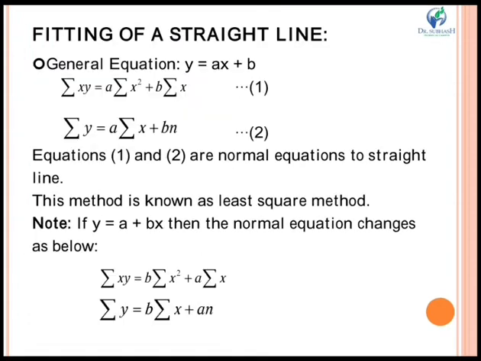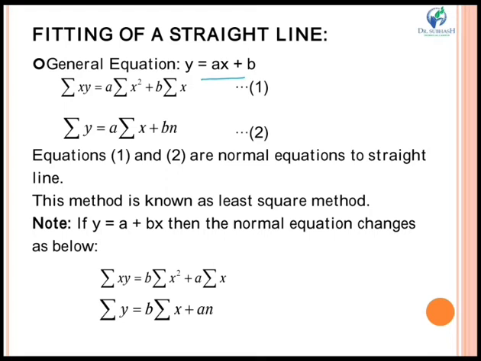Our first topic is fitting of a straight line. A general equation of a straight line is y equal to ax plus b, where a and b are constants. We have to find the values of a and b using the least square method.